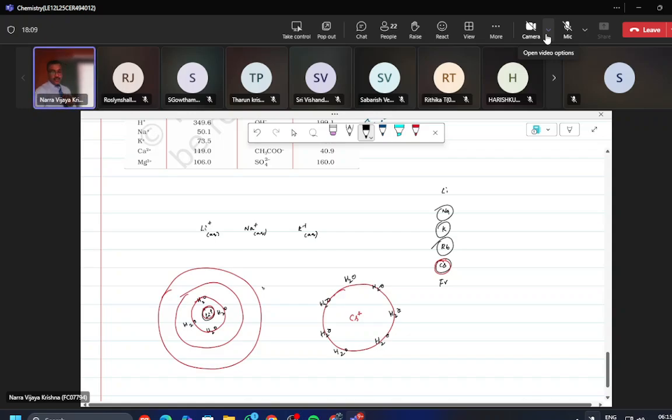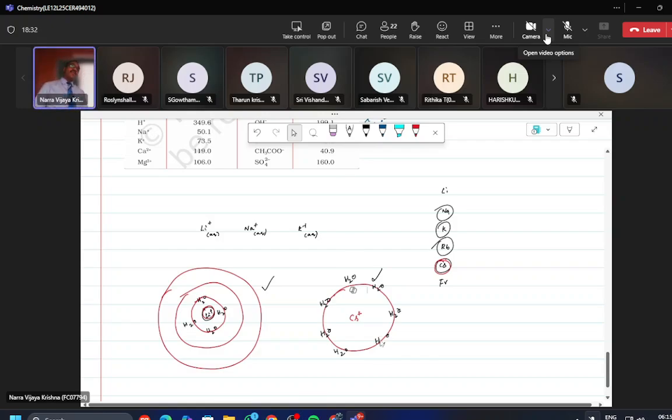Now, if you take both into consideration, the number of water molecules surrounding an ion is high for lithium. So that's why, the smaller the size of the cation, the more the degree of solvation, meaning more water or solvent molecules surrounding it. Clear?